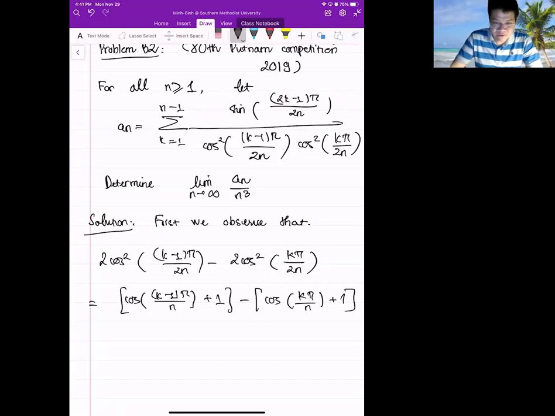Now in this formula, we observe that we can basically remove the plus 1.